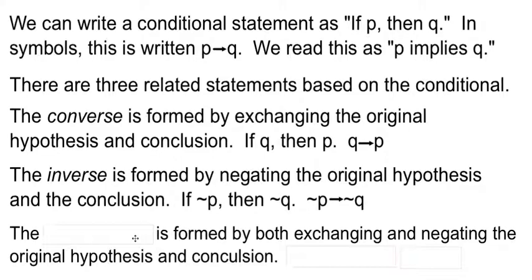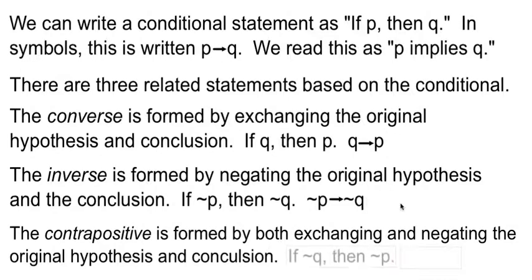Then the last one is the fun one. It's called the contrapositive. And to form a contrapositive, you do both things. You exchange the hypothesis and conclusion, and you negate them. So you do both. You trade their places, and you throw nots into them.